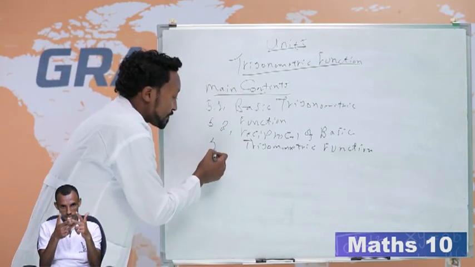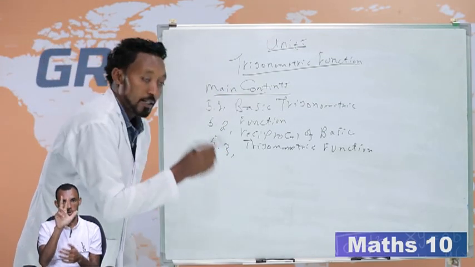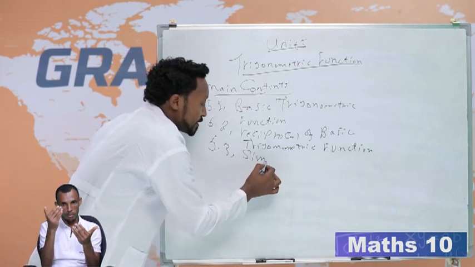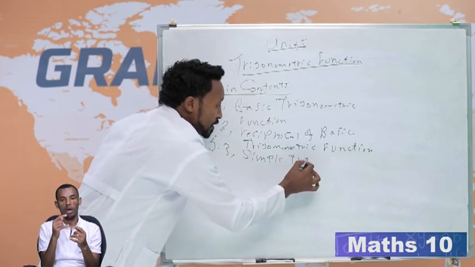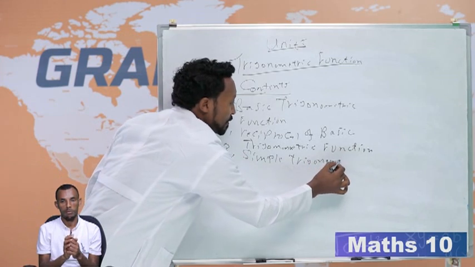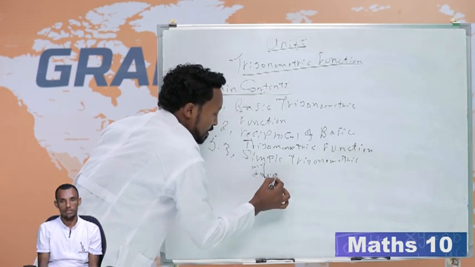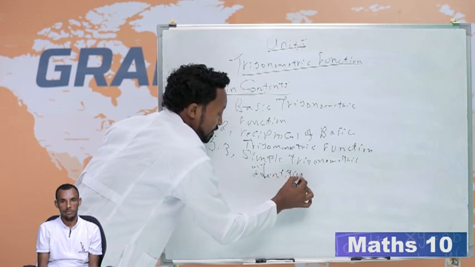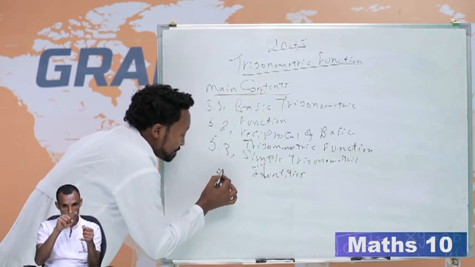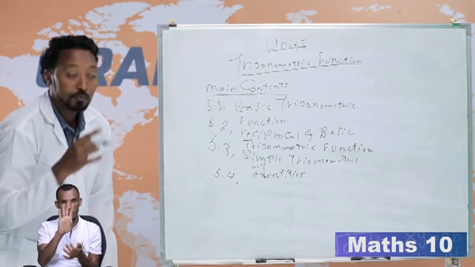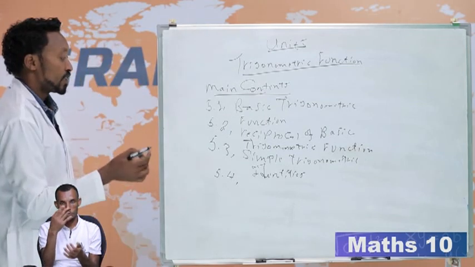The third content, 5.3, simple trigonometric identity. And the last one, 5.4, applications of trigonometric function.